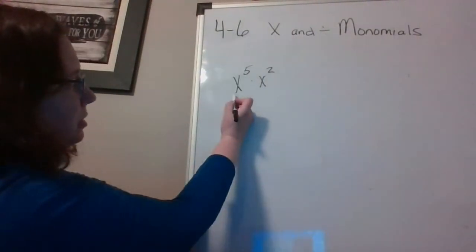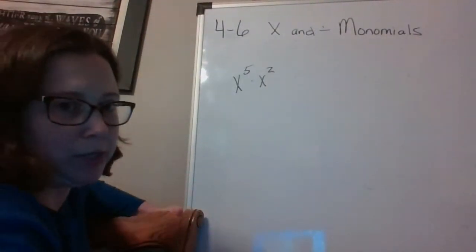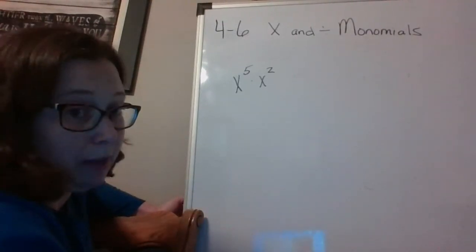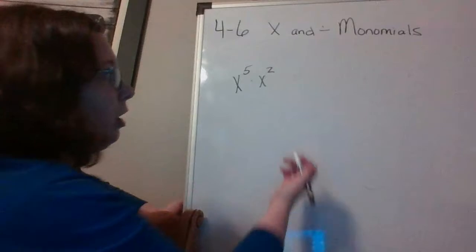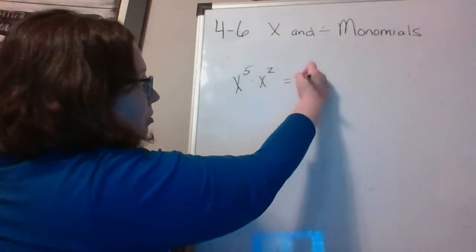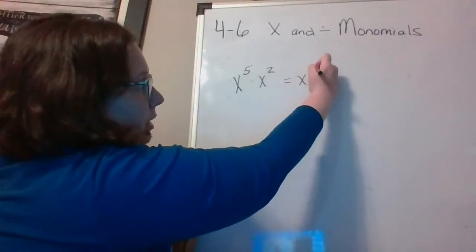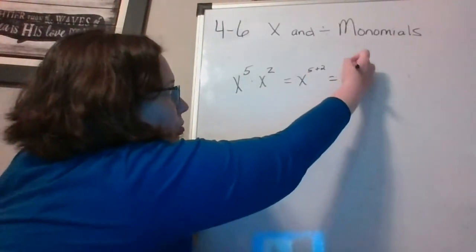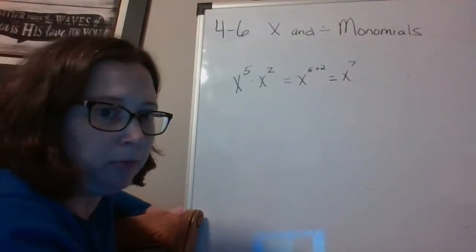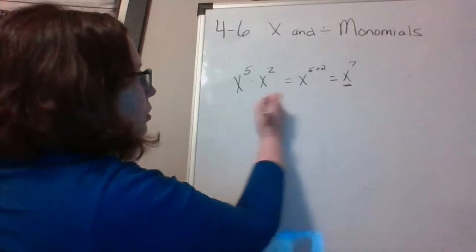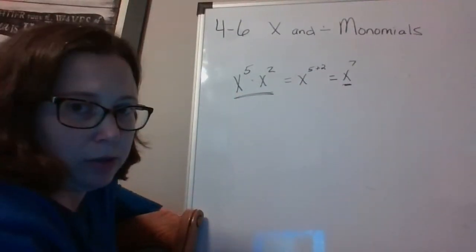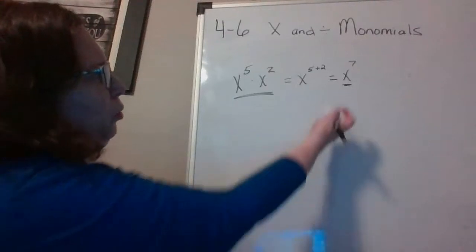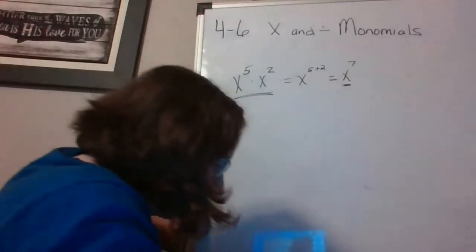But in this case, even though we don't know what the base really is, we have x there. The base is the same. They're both x. So we are allowed to use this rule and say, all right, well, it's x to the 5 plus 2, which would be x to the 7th power. So this is a lot more simplified than that was. Even though we don't really know what x is, it could be anything, we have still simplified it.